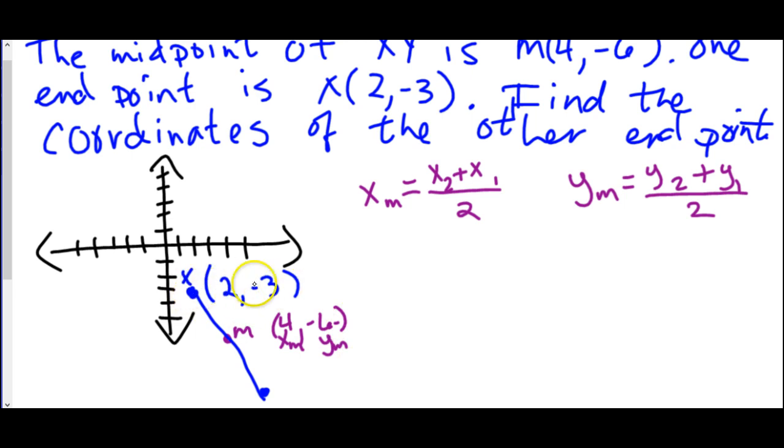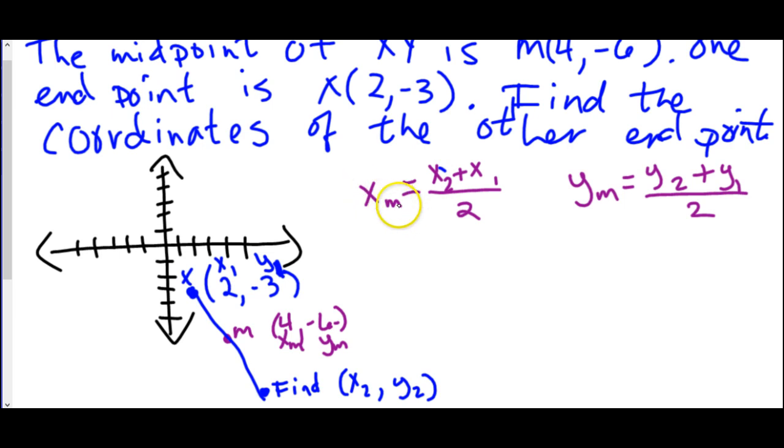The X coordinate is either x2 or x1. It doesn't really matter. I'm going to say x1 and y1. And then what we want to find is the other endpoint, so x2, y2. So what we want to find is going to stay as a variable. Everything else we're going to plug in.